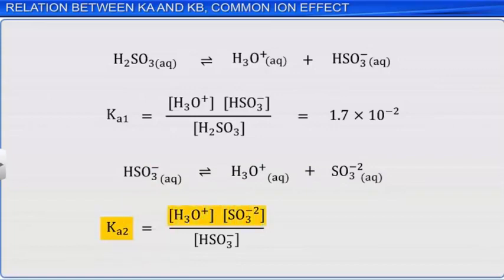The experimental value for this dissociation is equal to 6.4 × 10^-8. Did you observe that Ka2 is smaller than Ka1?